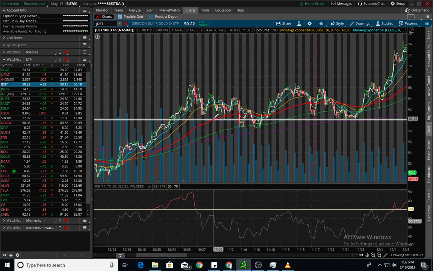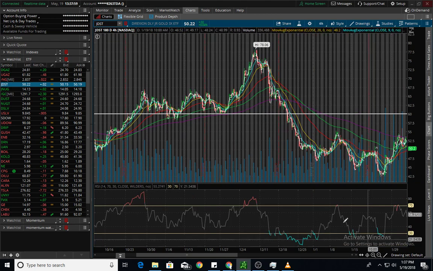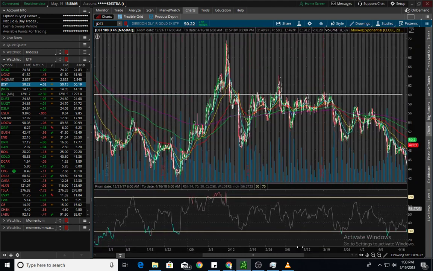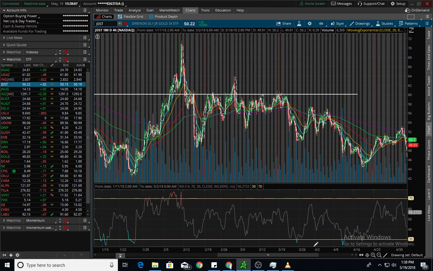See, it comes down this area right here, comes back up, comes back up again, bounces again, and you see it bounces quite a bit off of it, and then over here, it turns into resistance. See right here, all the times that this price action was hit quite a bit.